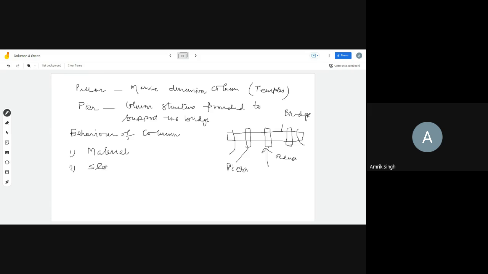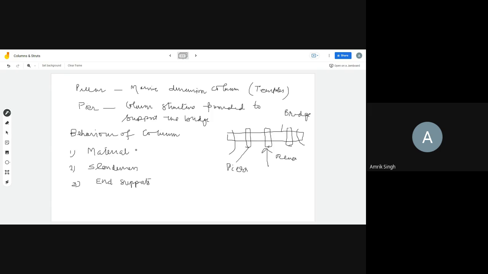We will understand what slenderness is. And the third term is the end support. So these are the three important things before we proceed further.